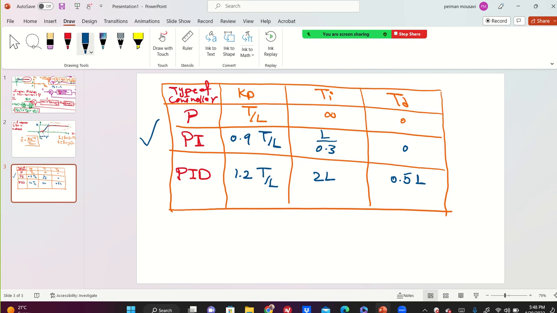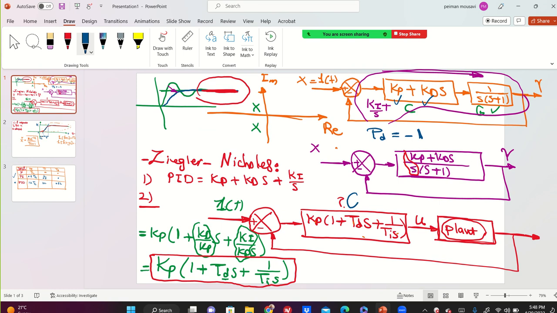Okay. So now let us assume that I want to have the PID controller. This is again G of C, that's right. This is the plant. This is the open loop of the controller.